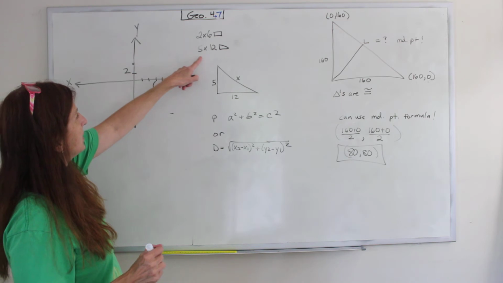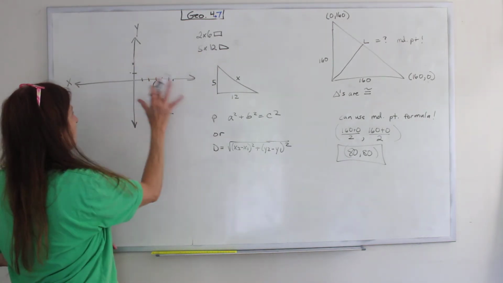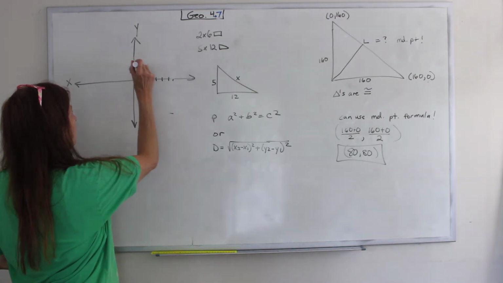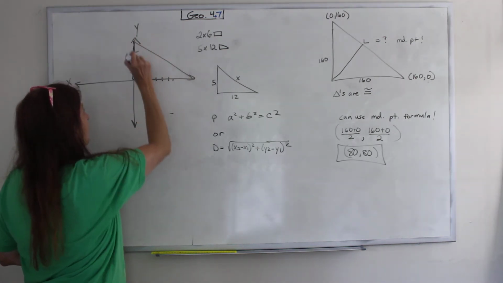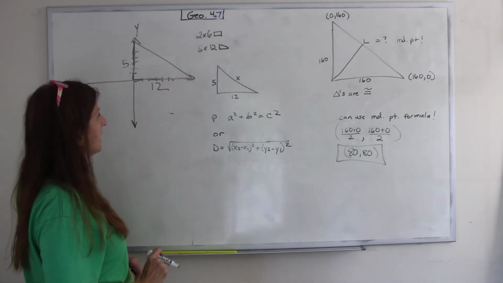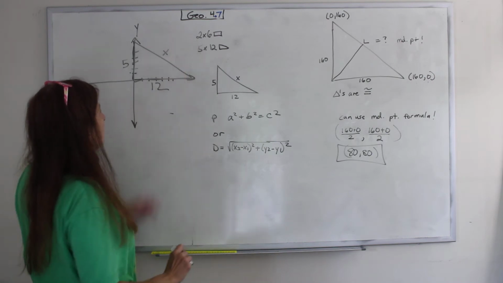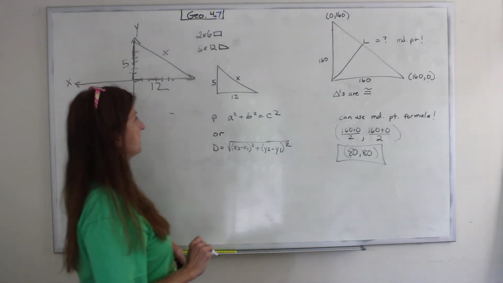They said, well, what about this one? A 5x12 triangle. The easiest way to put this 5x12 triangle would be to put it this way, where we can see that it's 5 on this side and 12 on that side. And then they wanted us to calculate x and find out what x is.